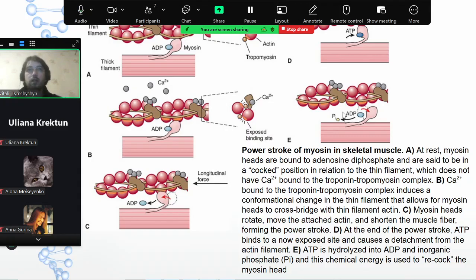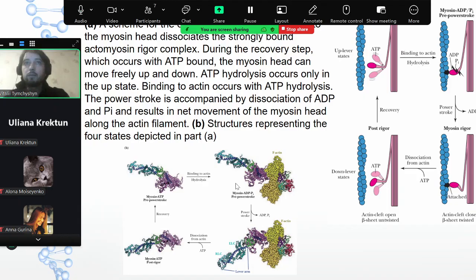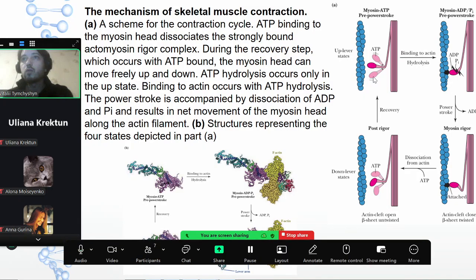So once again it's detached and the conformation is changed. Here's one more view of how that looks and what the processes are. So you see a scheme for the contraction cycle.